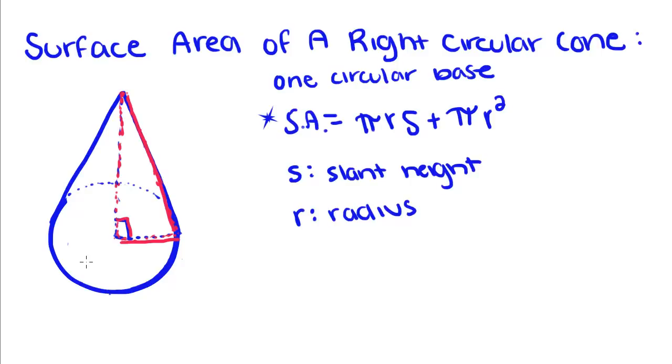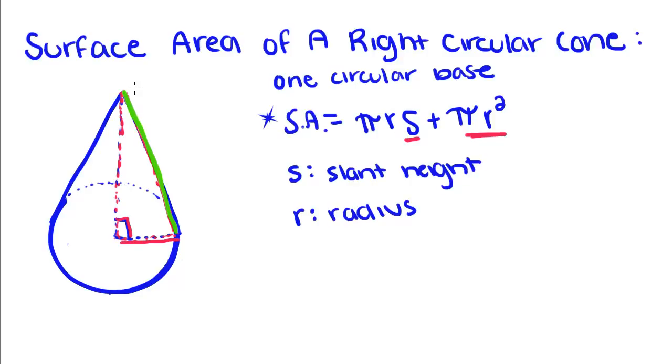The area of the bottom is the area of a normal circle, so pi r squared. Now the area of the cone part is pi r s. So s is the slant height of the cone, which is this height right here.